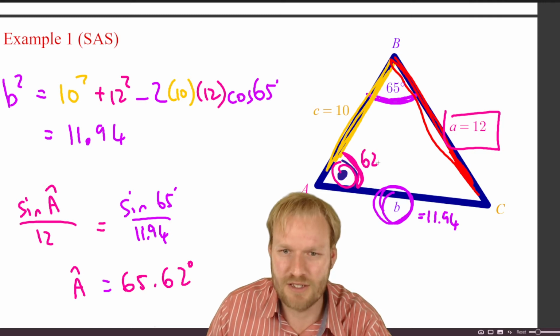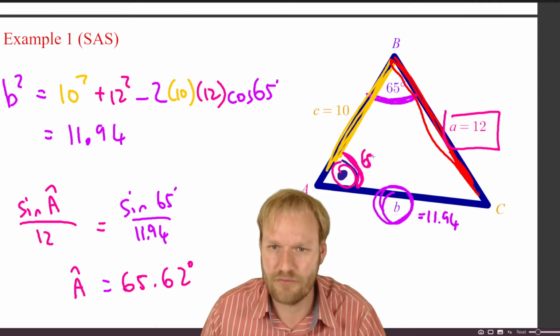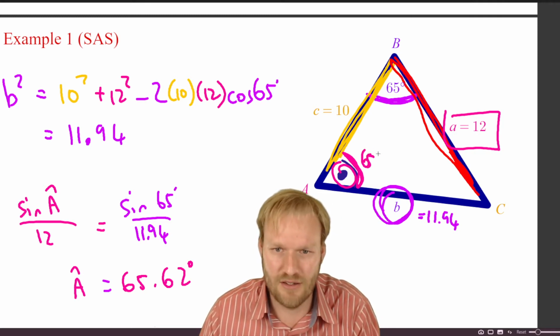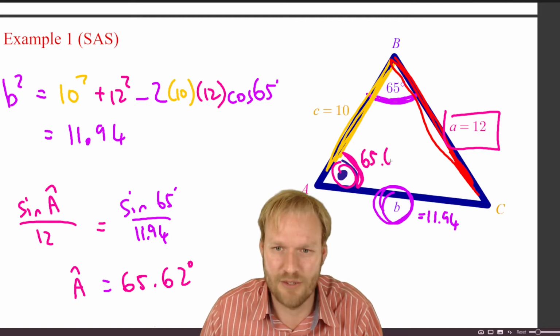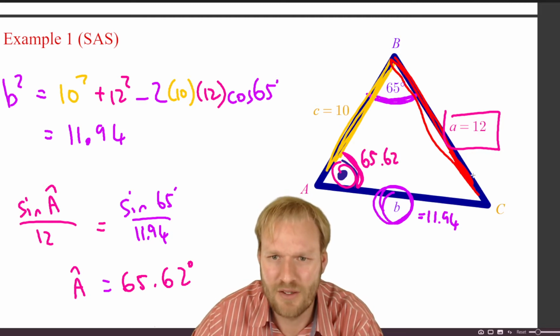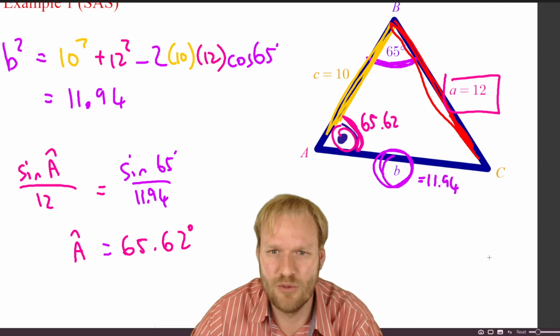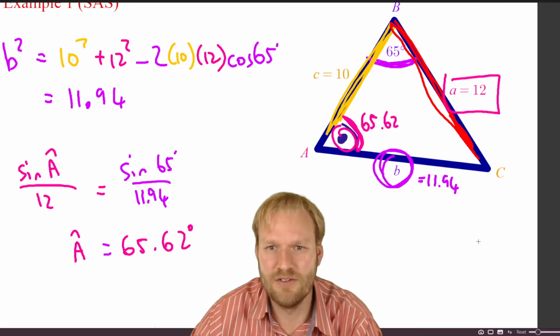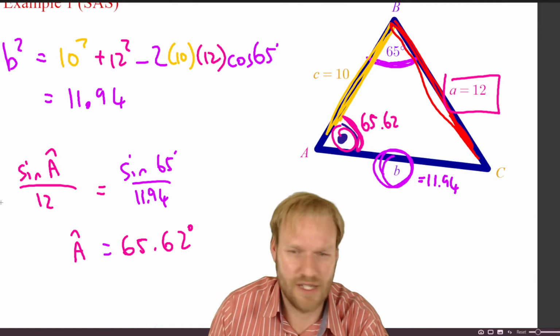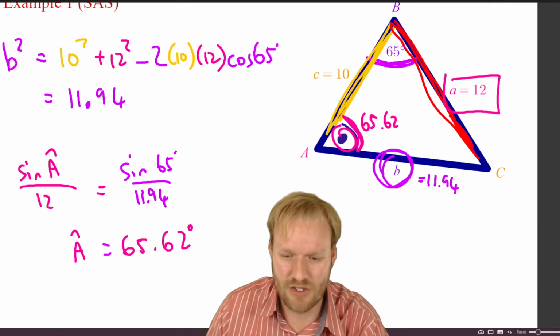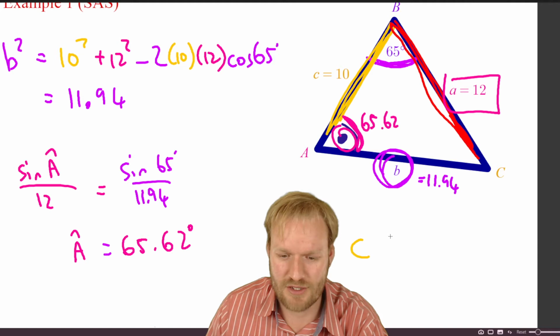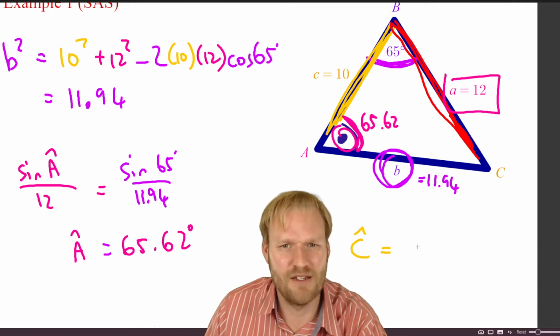So we've got 65.62, and therefore we can find out what C is, and we can just use angles in a triangle for that. So C equals, and what's your value of C using sum of angles in a triangle?